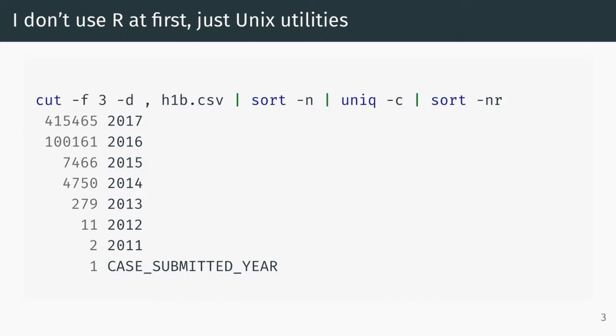And I can use this cut command on any of the columns in the file. So for example, another column I might be interested in is the number of cases approved versus number rejected. I can find out what the proportions are there quite easily using this command. And I can also find out if there's malformed data.